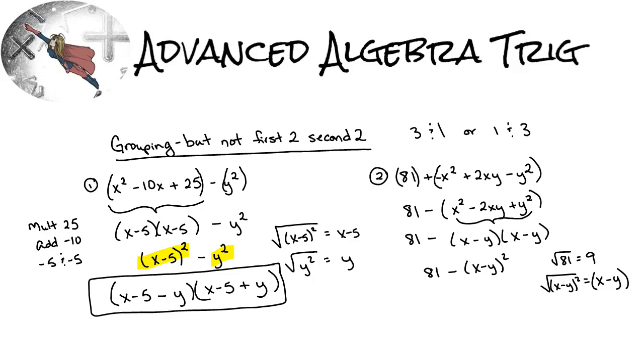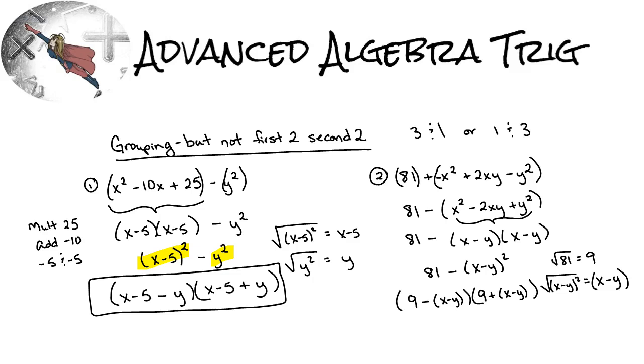So now we are going to factor with the square roots. So the square root of 81, 9, minus the other square root, which was x minus y, in its own pair of parentheses, and then 9 plus the other one, which was x minus y again.